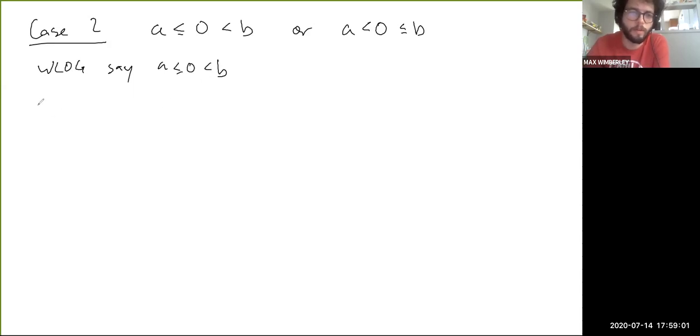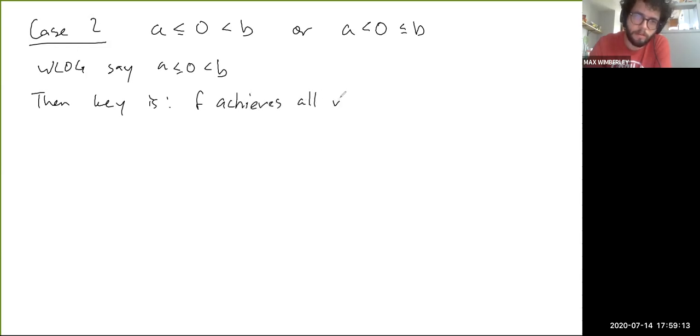Okay, so the key is that f achieves all values in [-1, 1] on, even just 0 to b is enough.